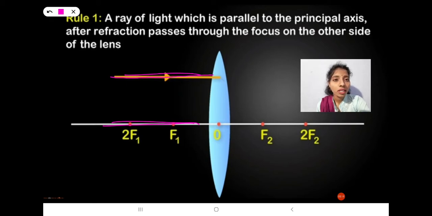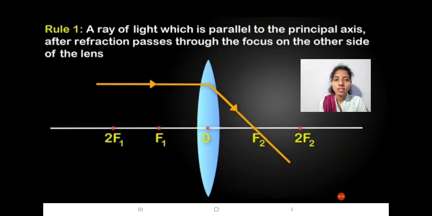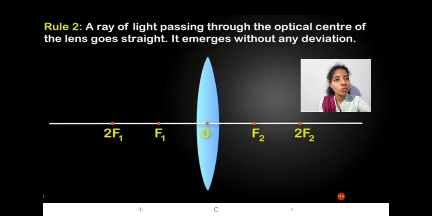So here the ray is parallel to the principal axis and after refraction it passes through the focus on the other side of the lens. So you can see here, the refracted ray passes through the focus on the other side of the lens. So this is rule 1.